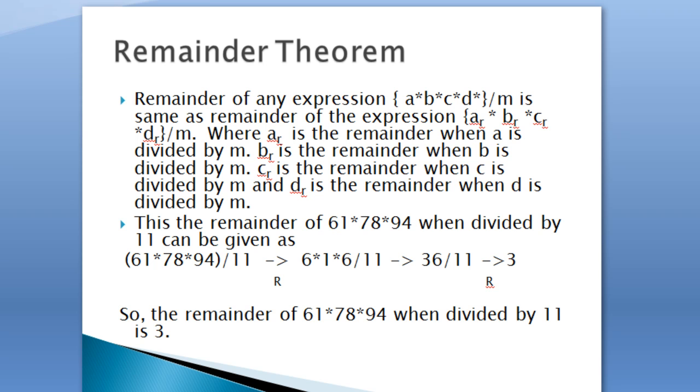So it's a very easy and nice way to solve any such expression where you have a value on the numerator and a value in the denominator, and you are supposed to find the remainder. You can use remainder theorem. Now let me actually work out a problem for you so that you have a better understanding of remainder theorem.